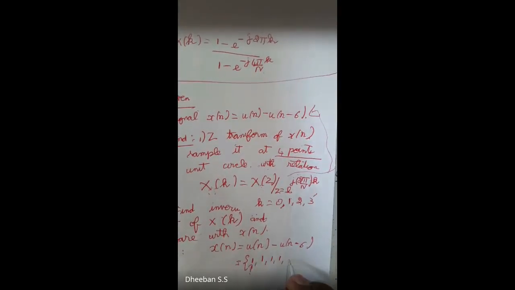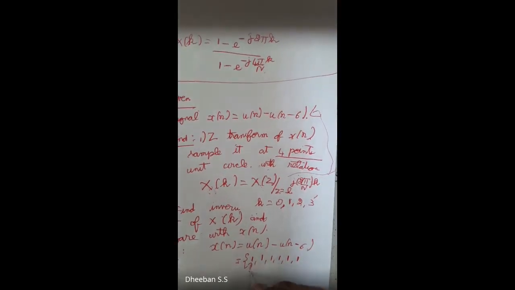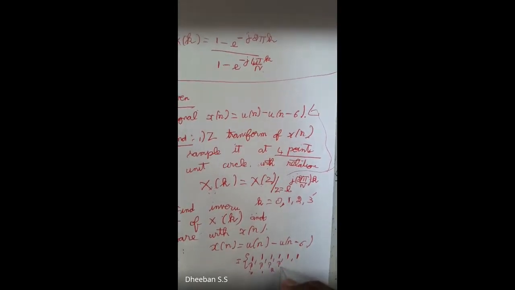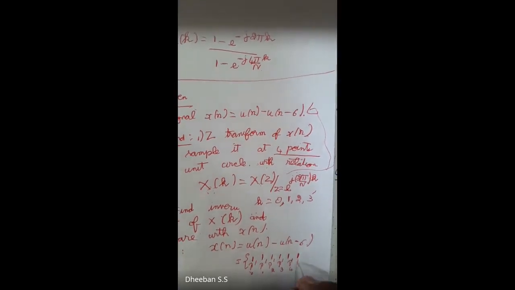This signal can be represented in this manner. You'll be getting 0, and this will be your 1, this will be your 2, and this will be your 3. It takes the value of 1. This is your 4, and this is your 5.